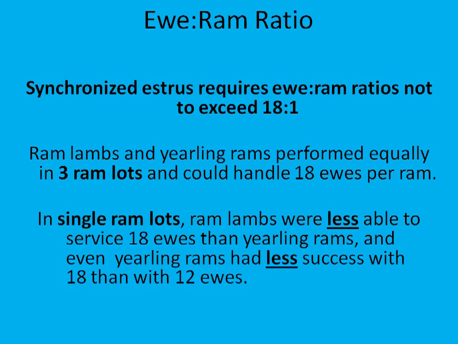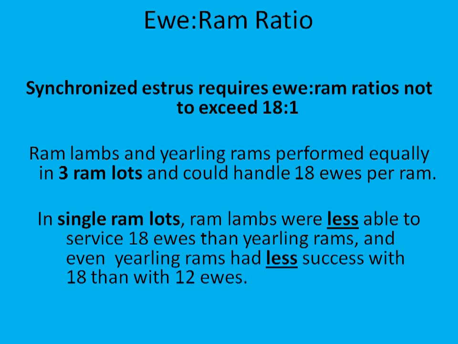And from studies that were done at West Virginia, we first looked at 6, 9, or 12 ewes per ram at synchronized estrus. You'll all recall that the recommendation in the United States has been 40 ewes per ram when they're not synchronized. The Australians, on the other hand, used 100.